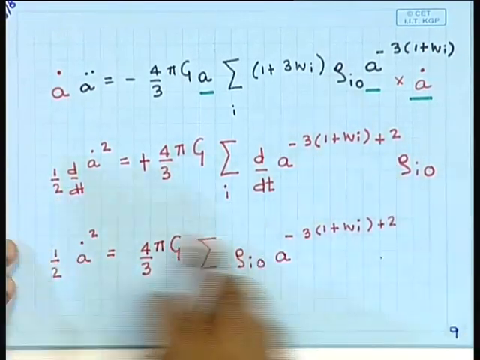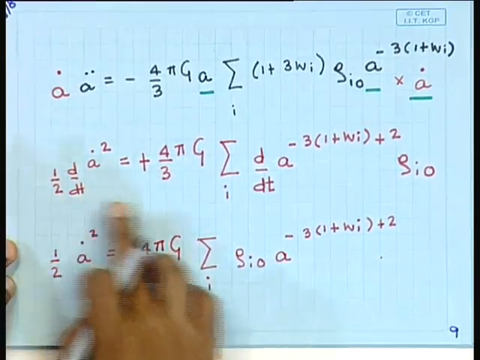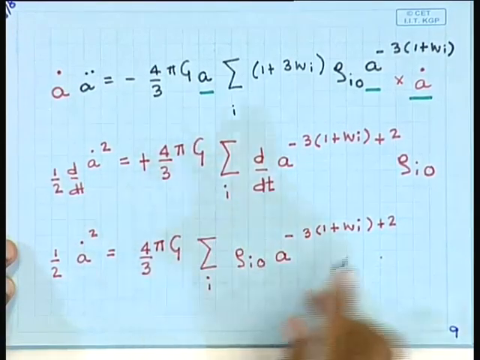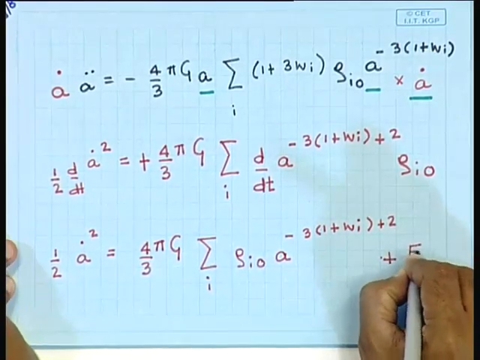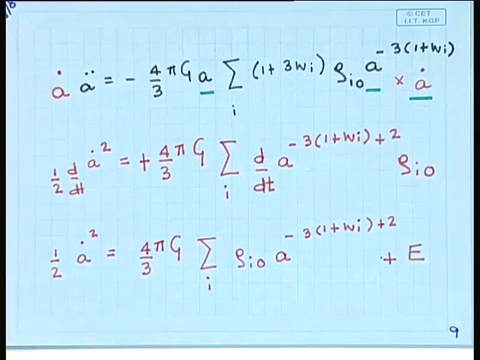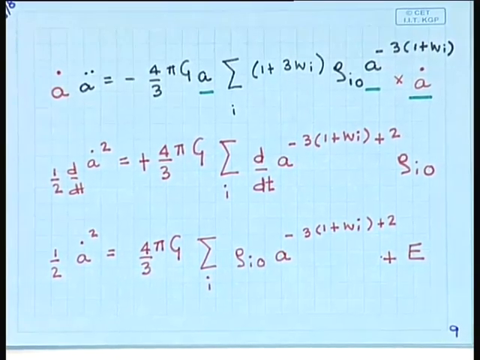I have integrated this, I have integrated this. Now, when I integrate both the left hand and the right hand side, I can also have a constant of integration, which for reasons I had explained to you earlier, we can write as E, and we can interpret this as the energy of the test particle whose equation of motion we have written.